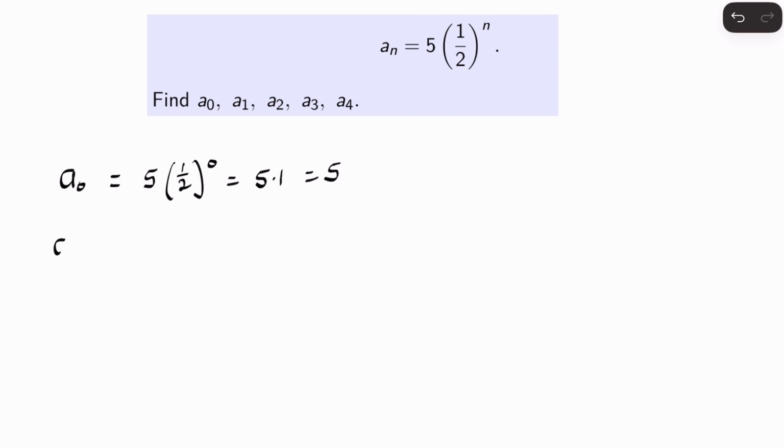Now let's compute a1. n is equal to 1, so we're going to have 5 times (1/2) exponent 1, and this is going to give us 5 on 2. For a2, n is equal to 2, so that will be 5 times (1/2) all exponent 2, so that's going to give us 5 on 4.